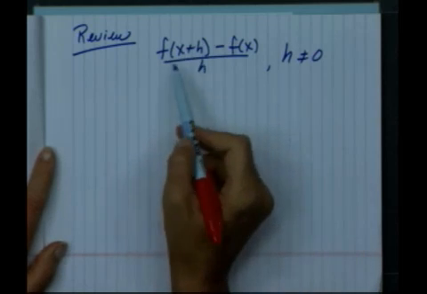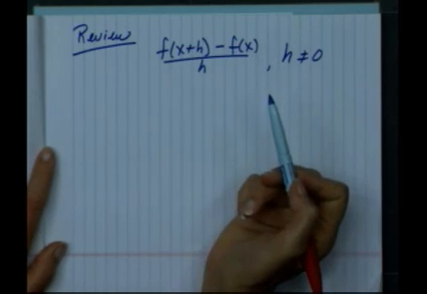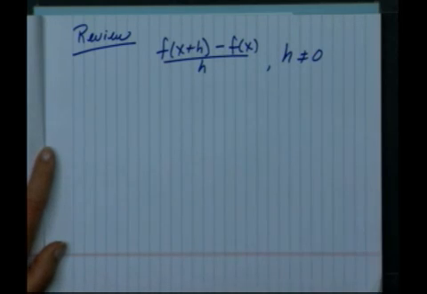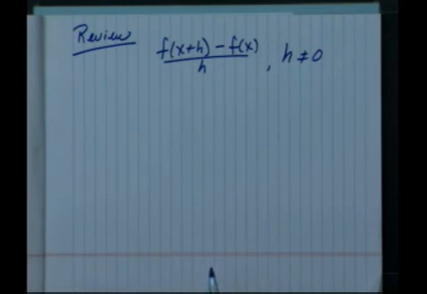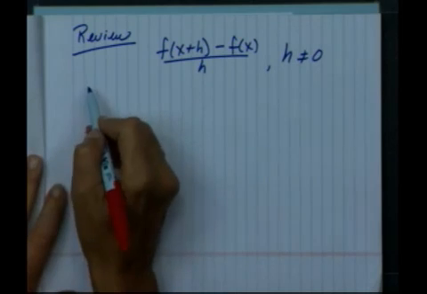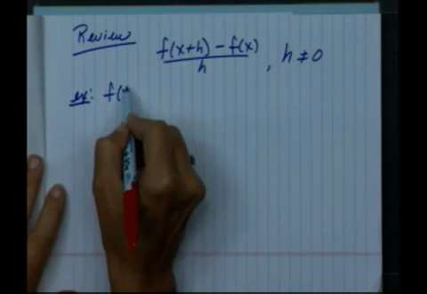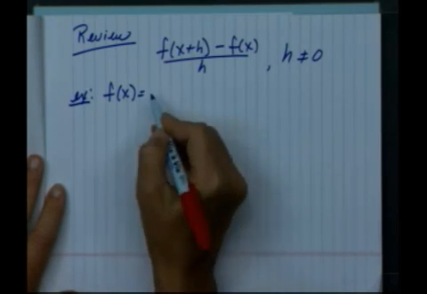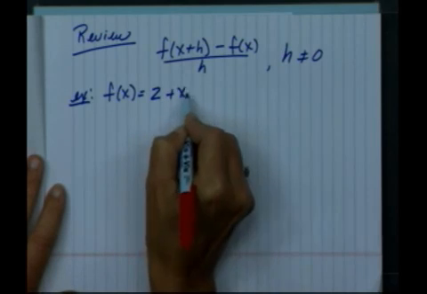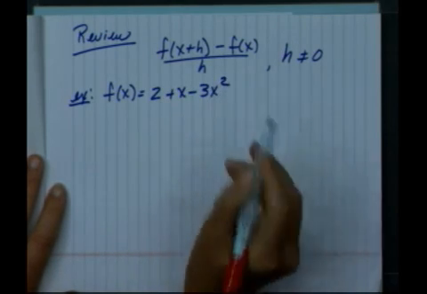As you'll remember, the difference quotient just gave you the slope of a line between 2 points, the slope of a secant line. But in this class, all you had to do was learn how to find and simplify the difference quotient. So let's take an example such as f(x) = 2 + x - 3x squared.